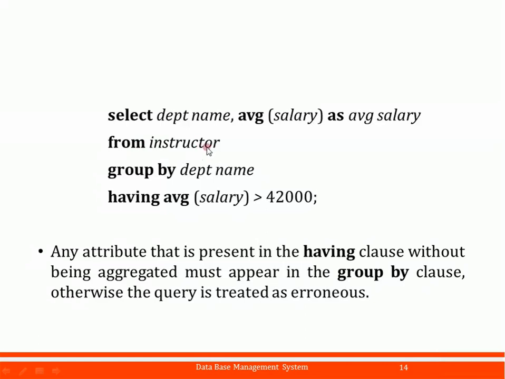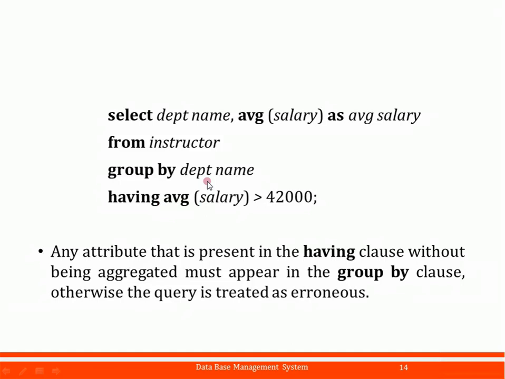All the details are available in the instructor relation itself, and you group by department name: computer science, EEE, ECE, and so on. You combine the tuples of particular departments, and after combining them as departments, you apply the condition that the salary is greater than 42,000.